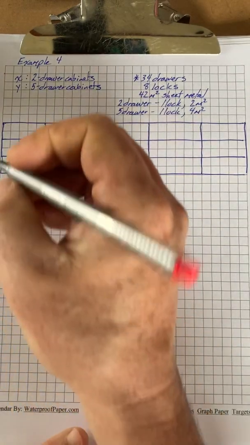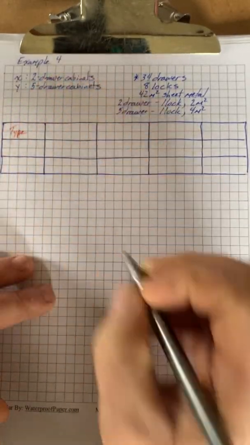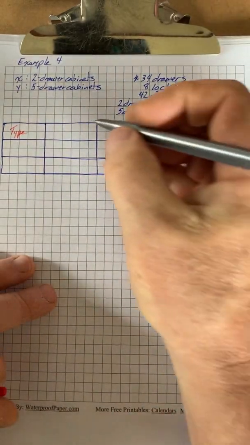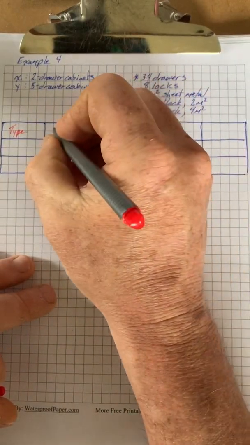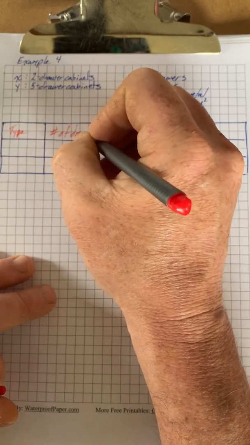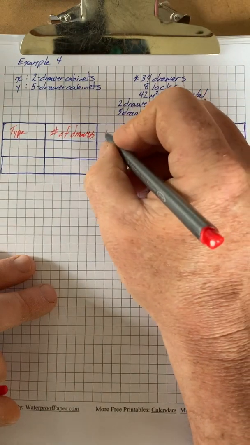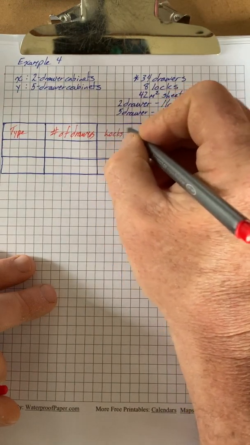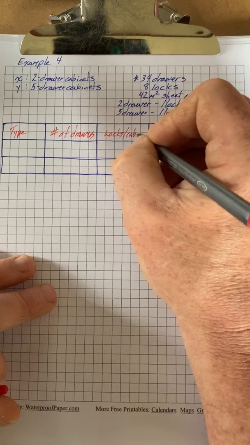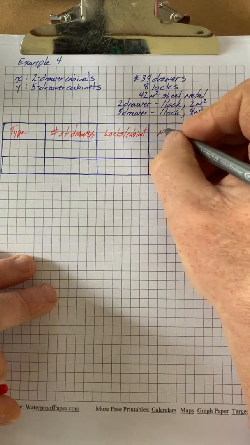Say we've got our type. And then we have number of drawers. Locks per cabinet. Metal.